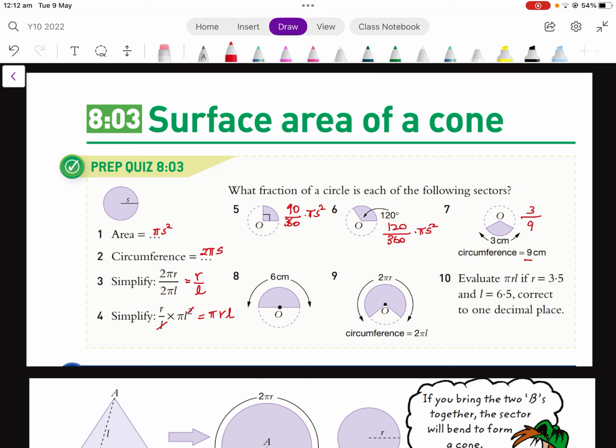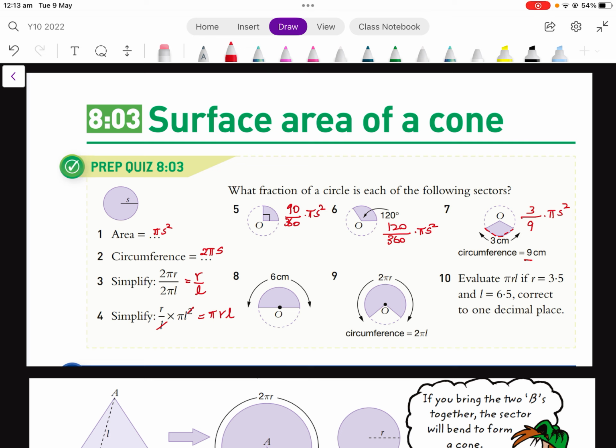So 3 out of 9 is what I'm looking at. That will be 3 over 9 times pi s square.